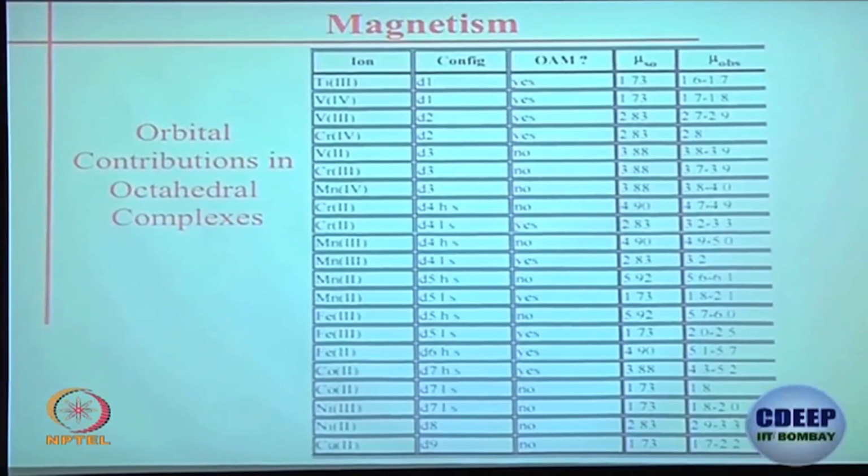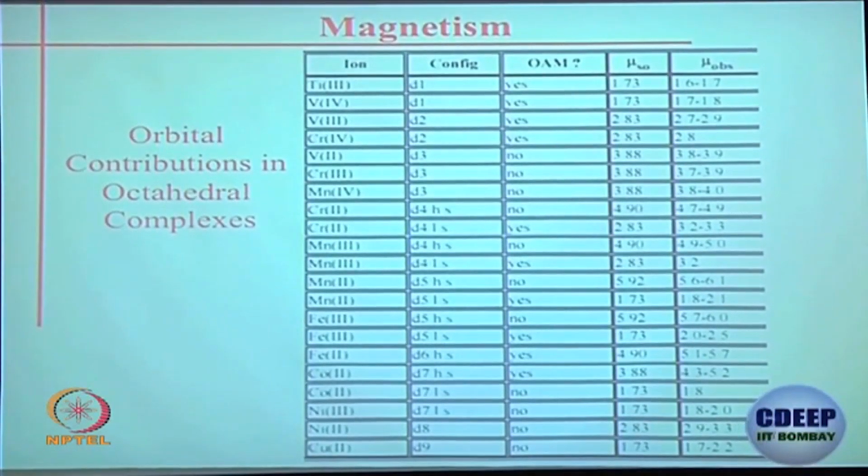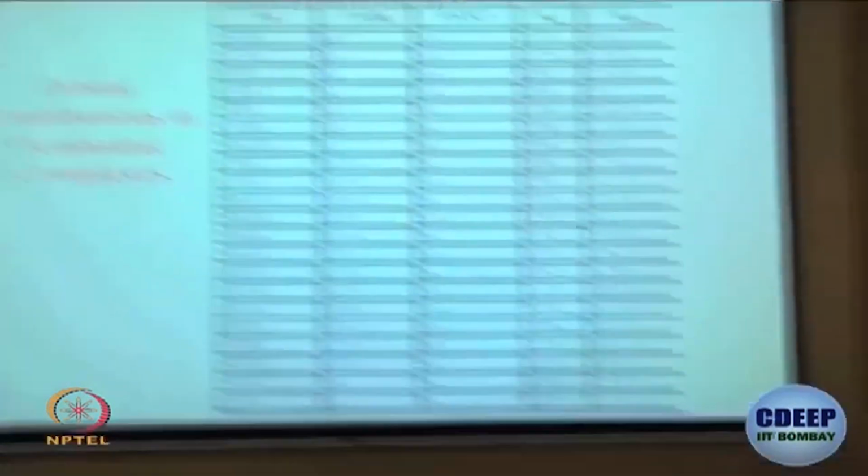Usually what also happens is the splitting in the tetrahedral. You cannot directly compare octahedral versus tetrahedral. You have to understand the trend, in the sense that the splitting between E and T2 is less in tetrahedral. This is octahedral.